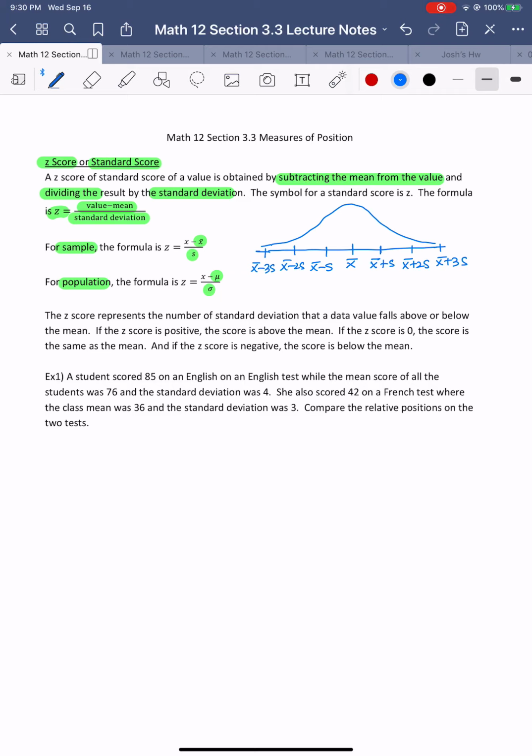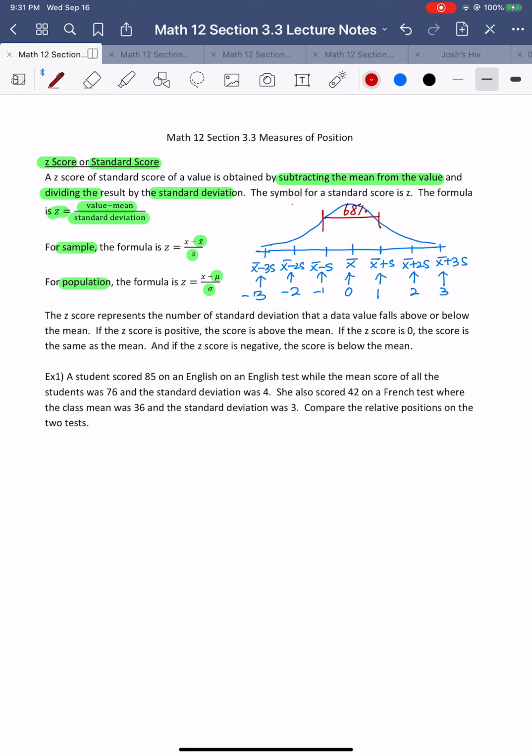But instead, now we're going to use x bar as 0, as the mean, and then we call these places 1, 2, and 3, and on the other side -1, -2, and -3. Within one standard deviation, from here to here, it's about 68%.